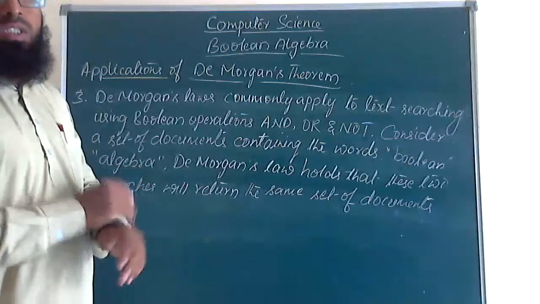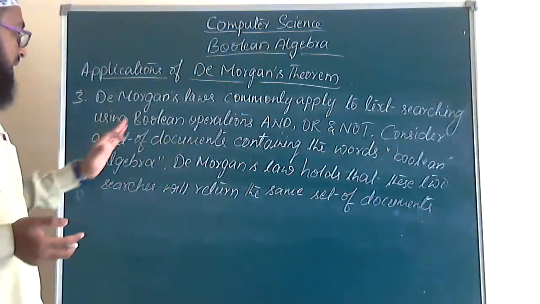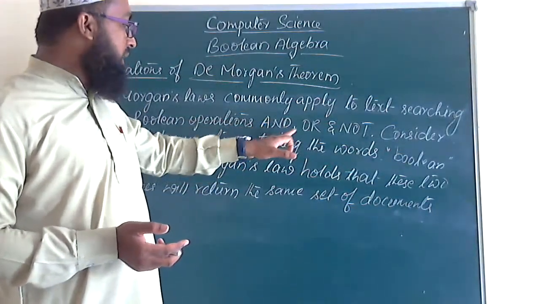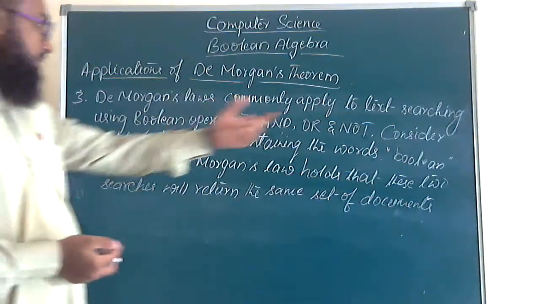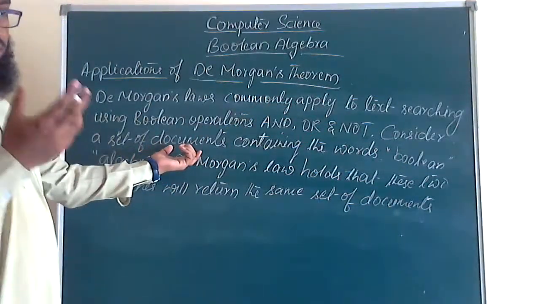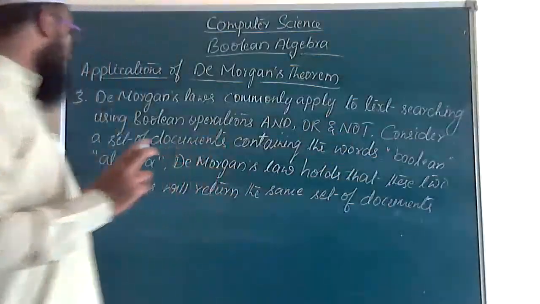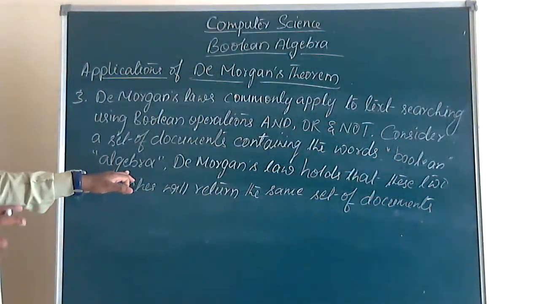If you want to search any text, De Morgan's law will be applied with the help of Boolean operations, which are and, or, and not. So here we will take one example. Consider a set of documents containing the words Boolean and algebra. Two words: Boolean is one word and algebra is one word.